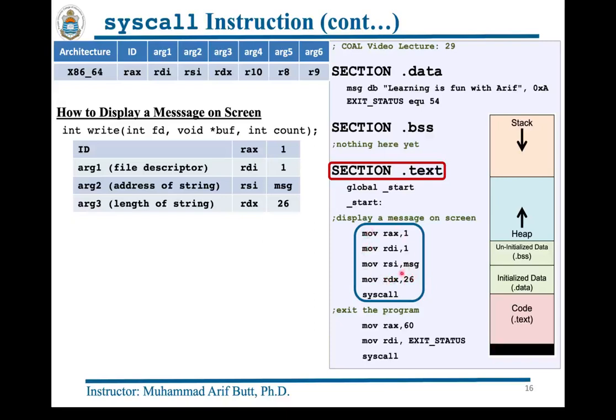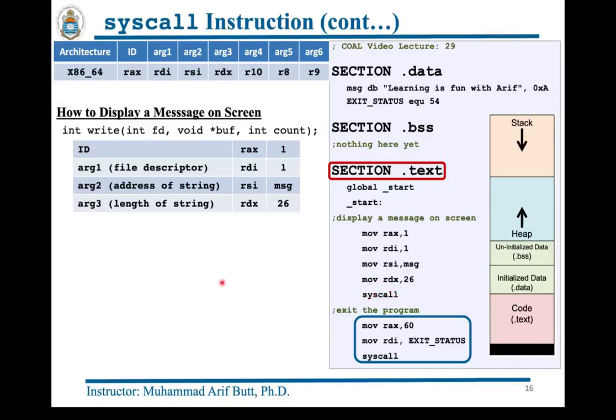So the stage is set. We have moved the ID of the system call in the appropriate register, and we have moved the arguments to the appropriate registers. And now we want to make the system call. So this syscall is the instruction which is going to make the system call.